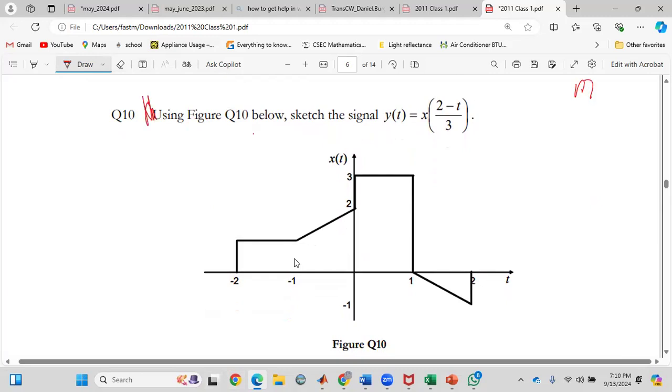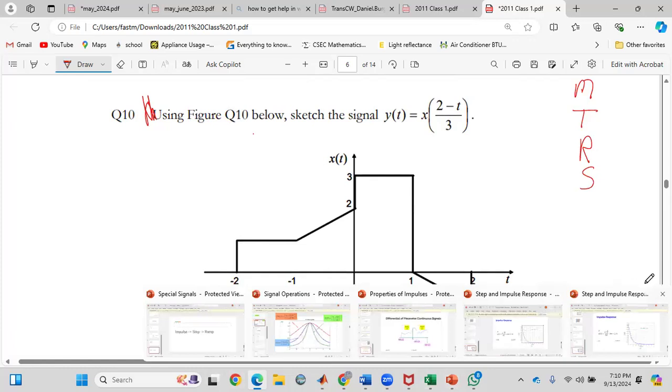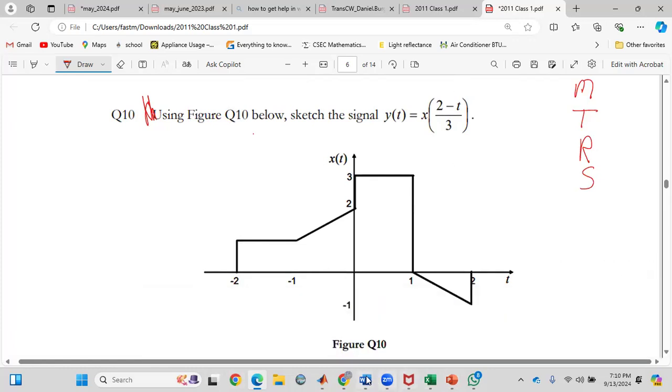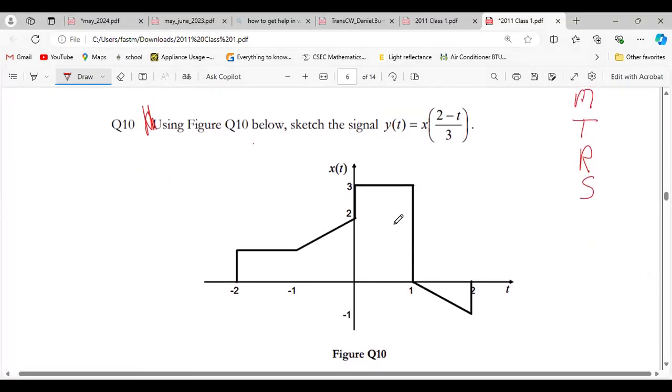My technology is really slow. Right now, it's lagging. I gotta close up some tabs. Let's reshare the app. I'm probably sharing too much. I don't need all that.